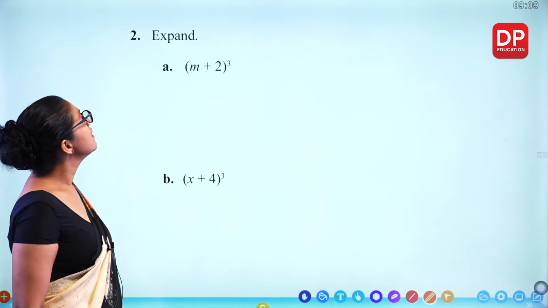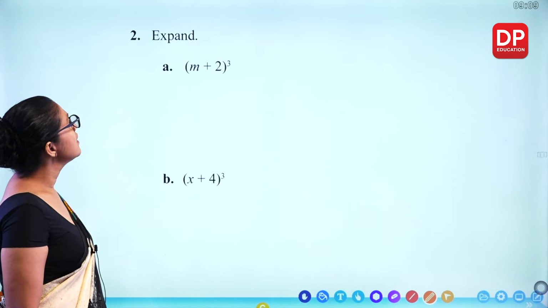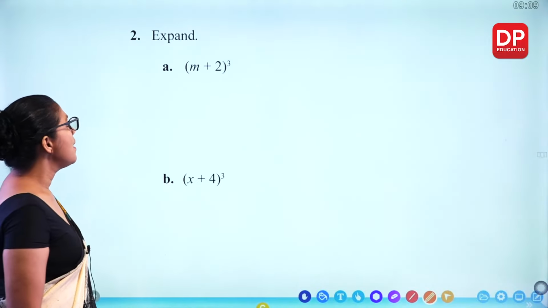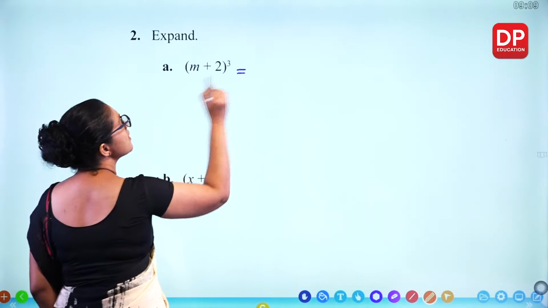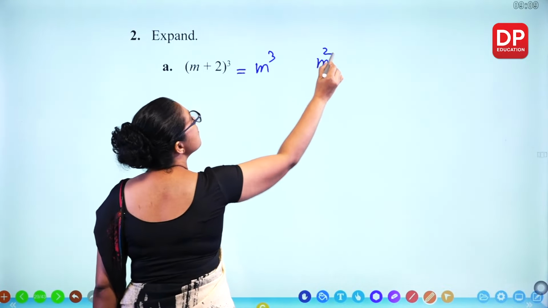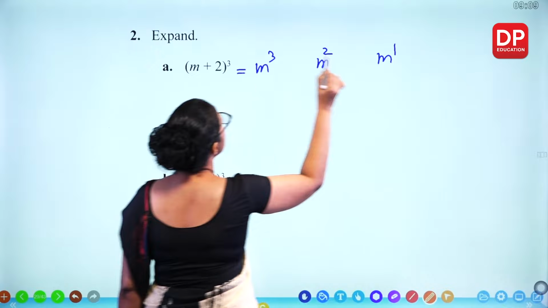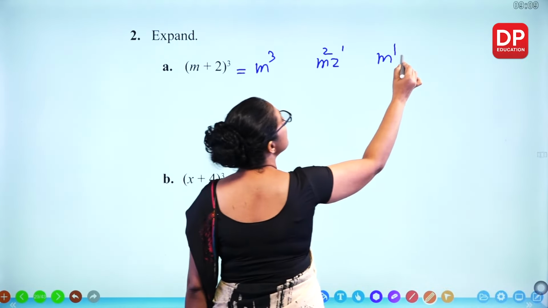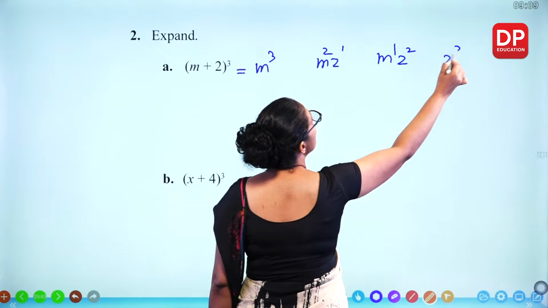Now we'll look at the second question, expand. This is power 3. We'll use the pattern at once. So what's the pattern? First term 3, the power reduces. Second term is 2, starting with power 1, power 2, power 3.